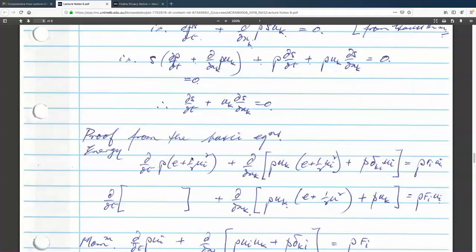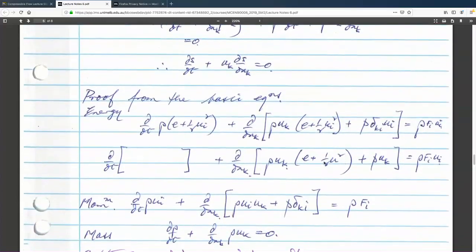Here it is here, d/dt of rho into E plus a half ui squared plus d/dxk of rho uk into E plus a half ui squared plus p delta ki ui is equal to rho fi ui. So this is because there's no viscous stress in this ideal fluid and no heat conduction. So this is the energy equation. No external work done and so on.